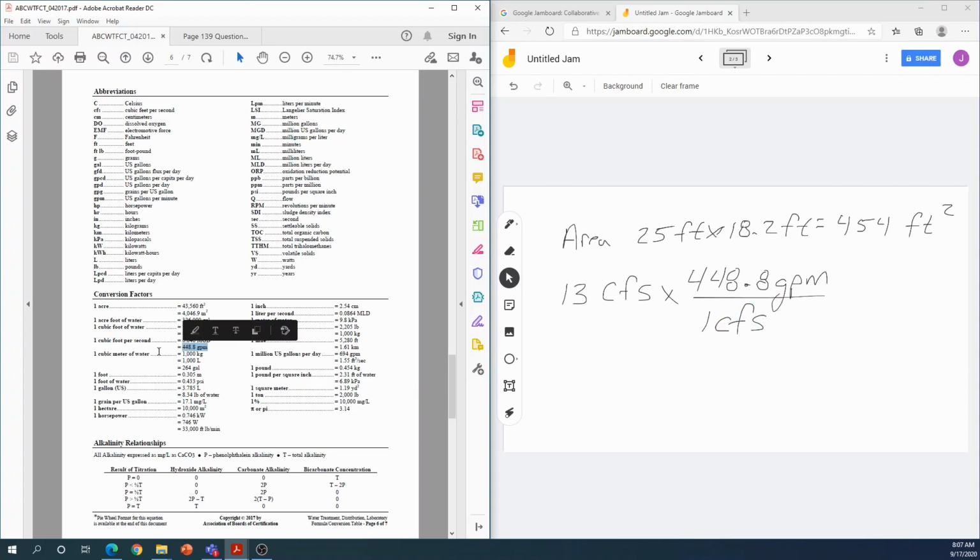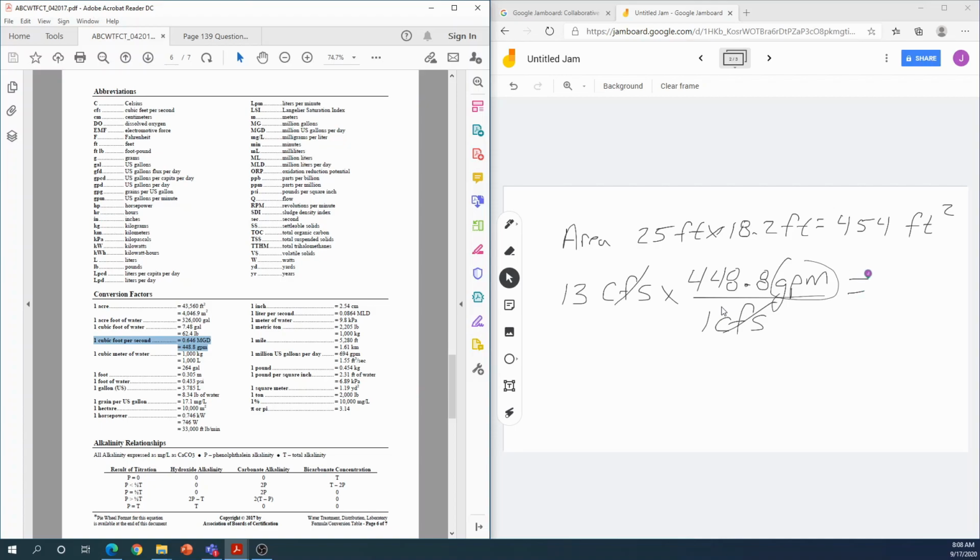If you're not sure how to get from cubic feet per second to gallons per minute or which one you multiply by, we're just going to be tracking our units. We're starting with 13 CFS. We got to have the CFS on the bottom for the CFS to cancel, to be left with gallons per minute. So based on our conversion, we have 1 cubic foot per second and 448.8 gallons per minute. That's how we know which goes on top versus which goes on bottom.